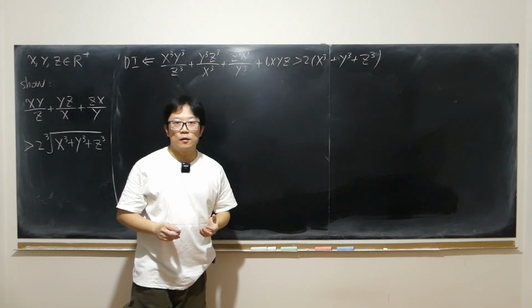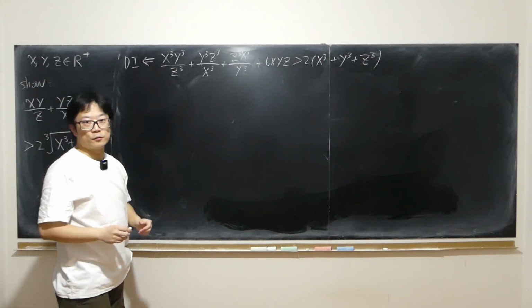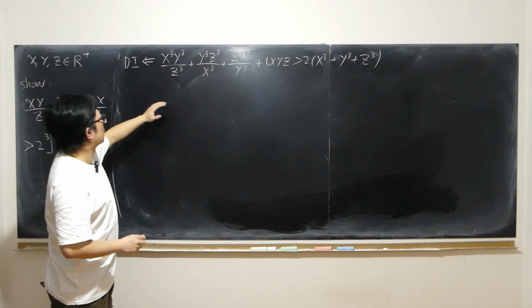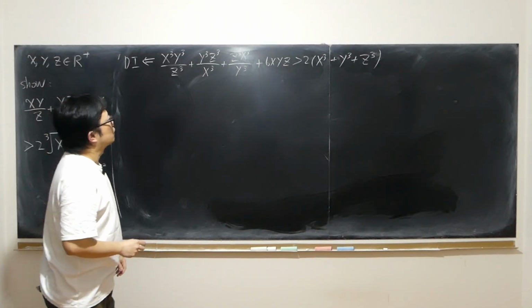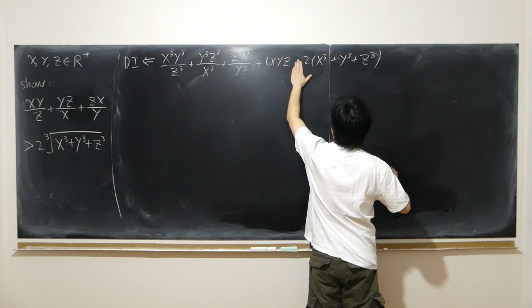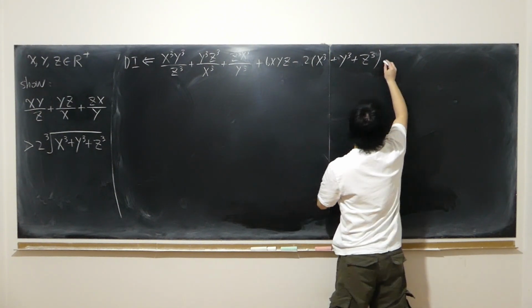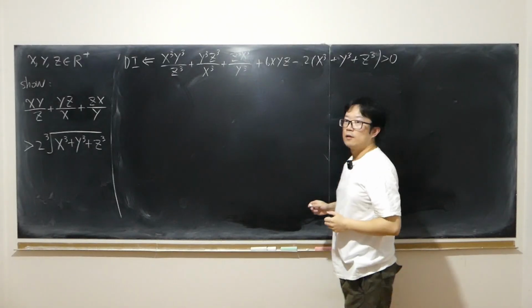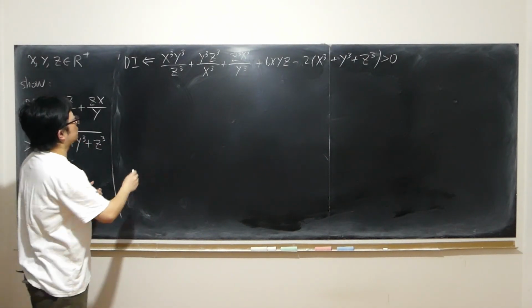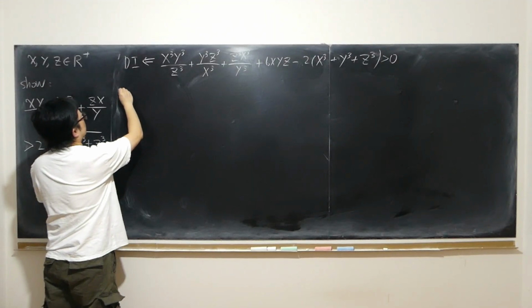So it all comes down to showing that this inequality is true. If we can do that, then our desired inequality can be proven. Which means all we have to show is that this minus this is greater than 0. So here we construct a function of 3 variables.